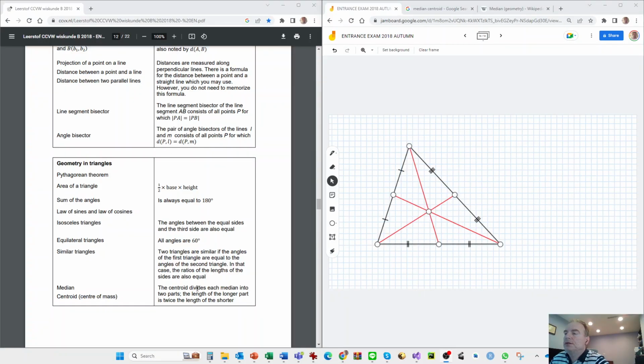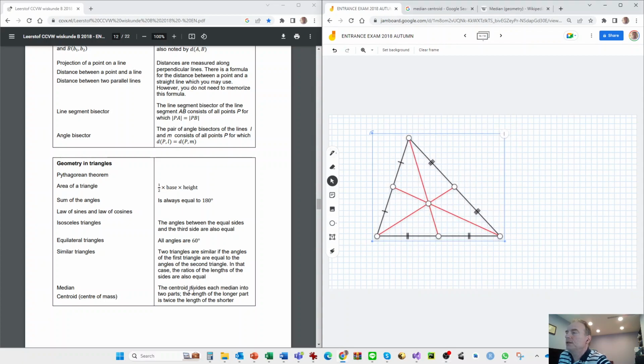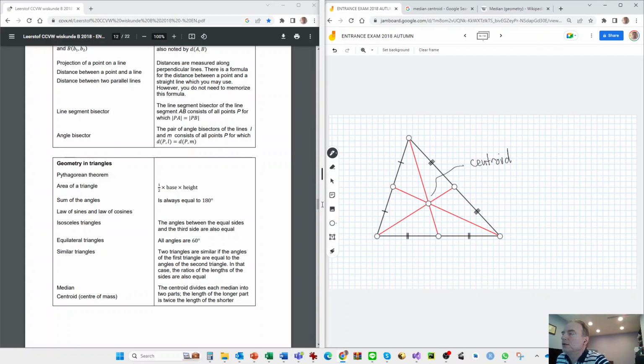The medians are the lines that go from a vertex to the middle of the opposite line segment. So there are 3 of them, and they meet together in a point called the centroid. And so apparently that is something they ask you to know about.